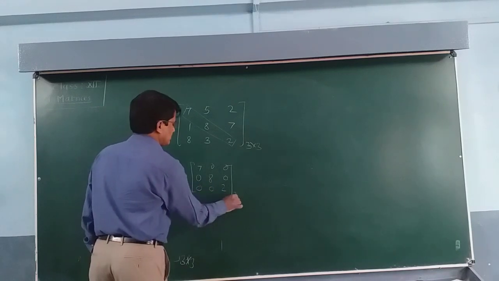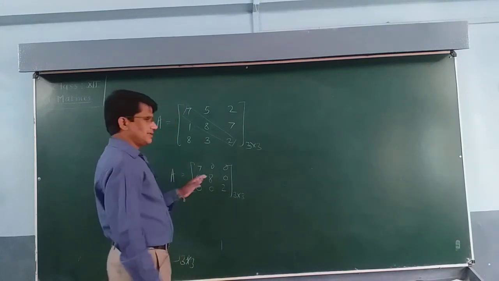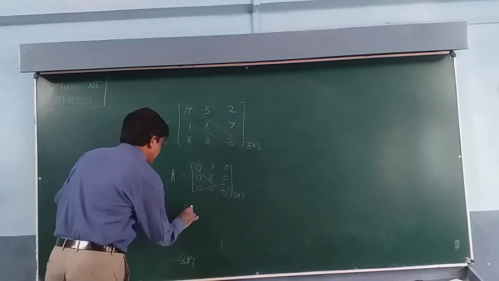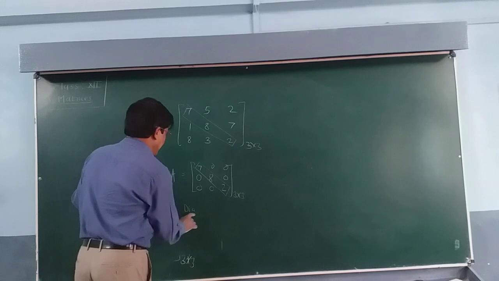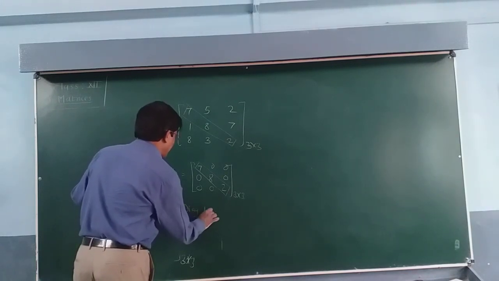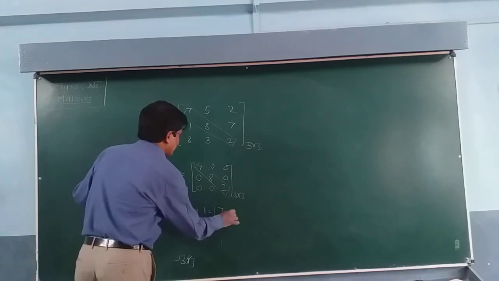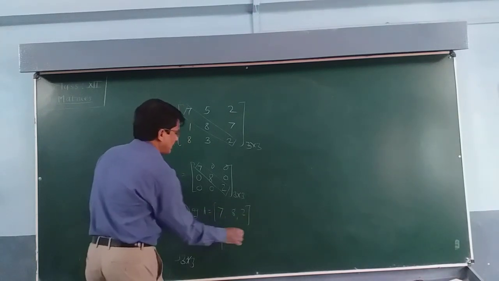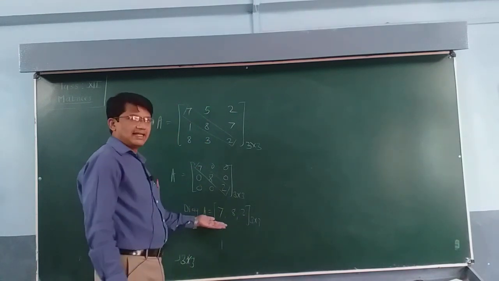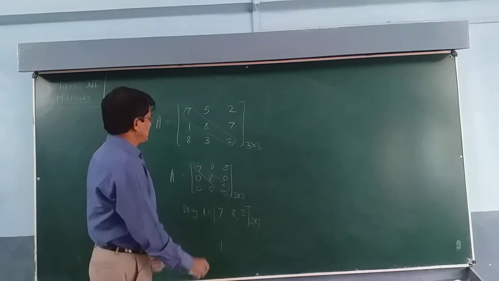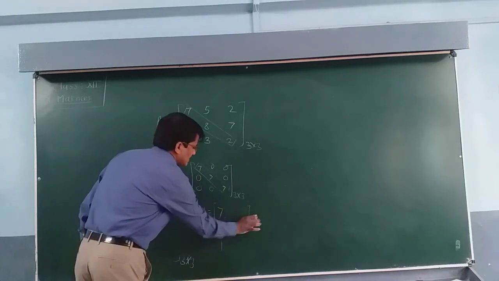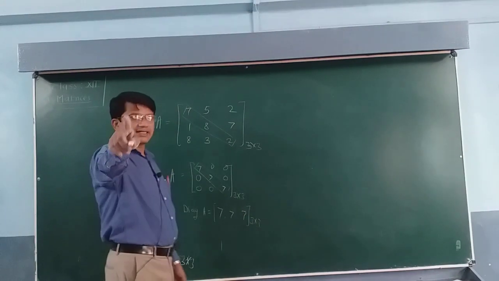Look here, 3 by 3. This represents a diagonal matrix. We can represent it as diag of A, with diagonal elements 7, 8, 2 and order 3 by 3. But if the diagonal numbers are the same, like 7, 7, 7, with zeros elsewhere, this is a scalar matrix.